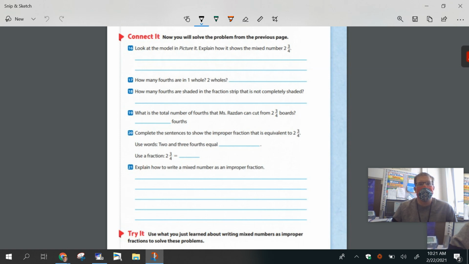I wrote down the modeling picture shows 3 models and 2 of them show 4/4. I added the 4/4 together. We got 2 full. Then the third one has 3/4.